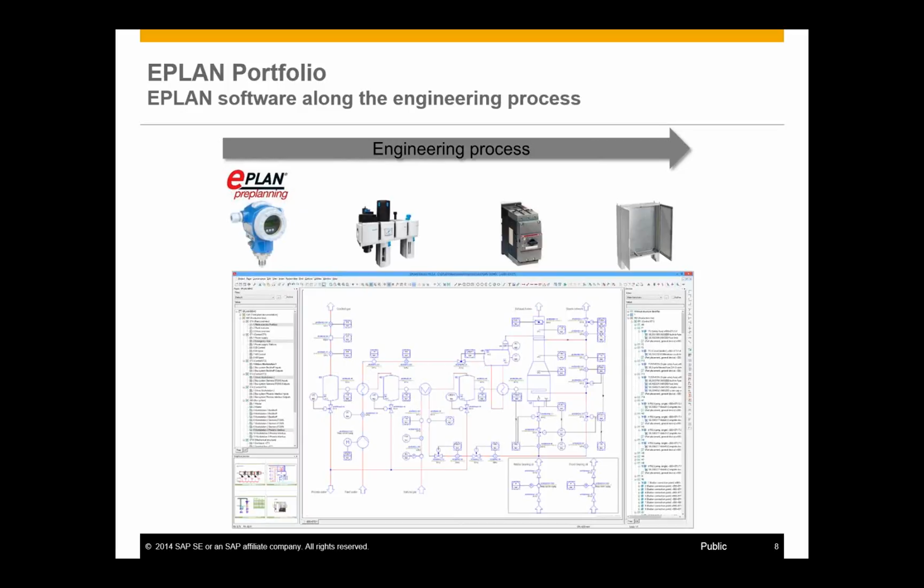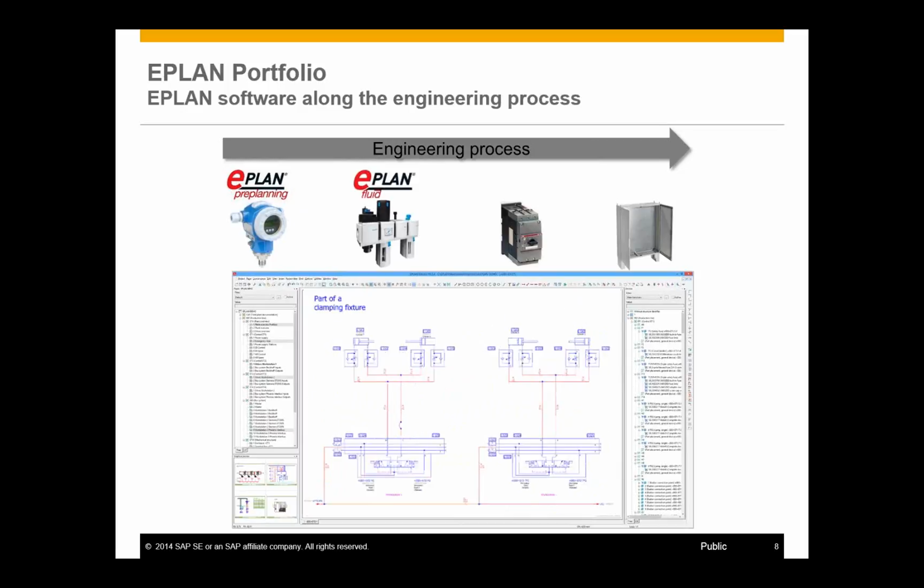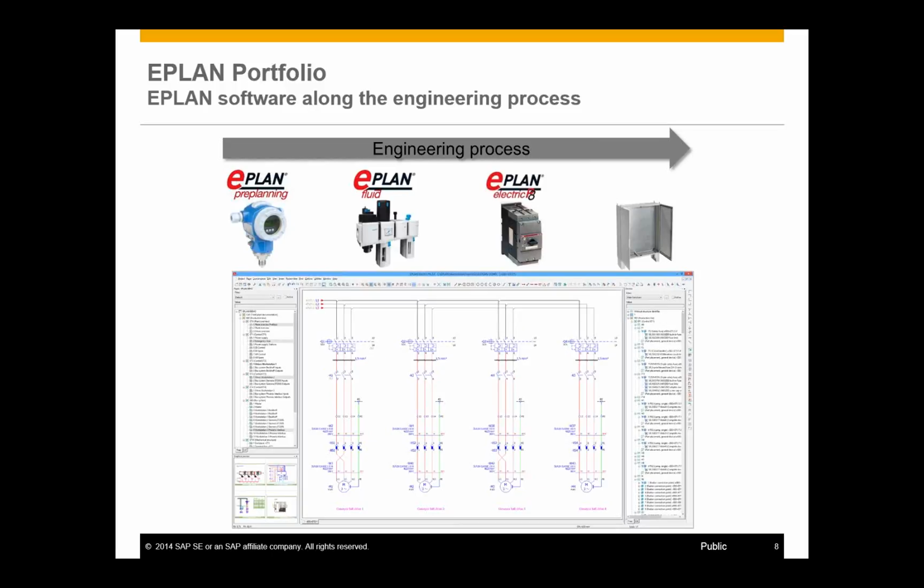And next to the electrical design, we also support with ePlan Fluid, pneumatics and hydraulic information, for example P&ID diagrams and so on. This could be seamlessly connected to electrical schematics, which are done with ePlan Electric P8, the most well-known product from our portfolio.